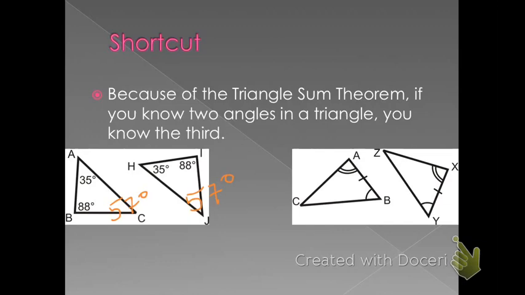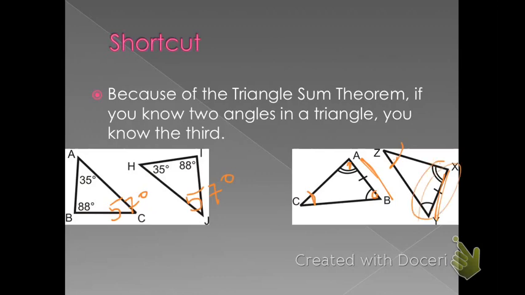Even in a situation like we have over here on the right, even if I'm not told the measurements, I know that angle C and angle Z are going to be congruent because the other 2 angles were congruent as well. Whatever these 2 angles are, I'm going to subtract them from 180 to find C. And I'm going to do the same thing over here, but these were the same numbers as on this side.